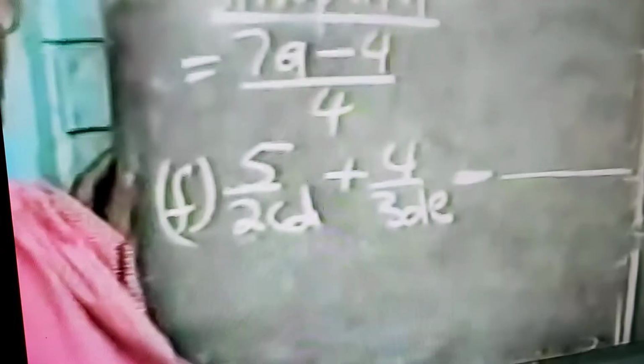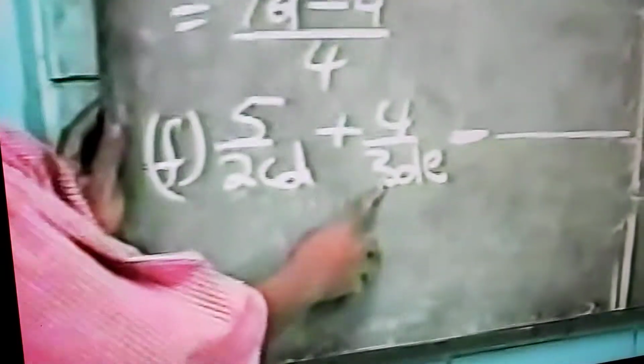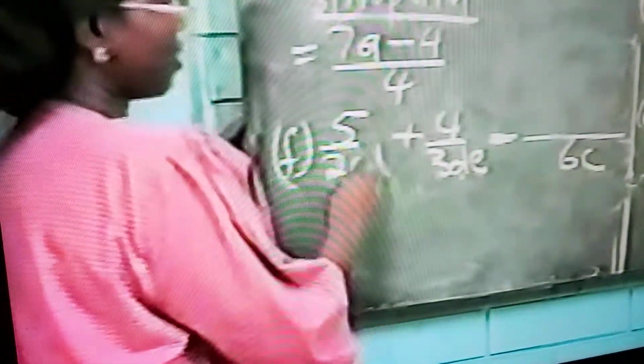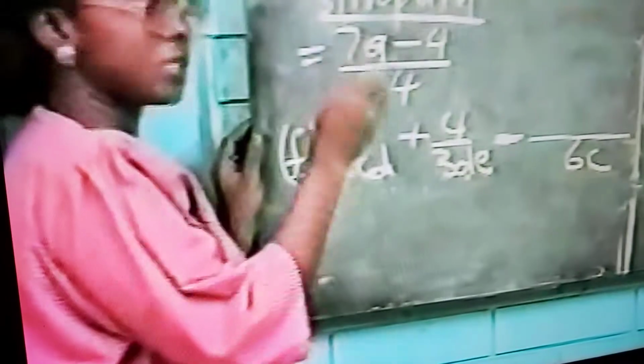F, it's almost the same thing as the last one, except that what you have as denominator here, it's not like the others. So the LCM of 2CD and 3DE, 2 and 3, LCM of 2 and 3 is 6. Now C, there's no C there, so you still pick your C. DD, although you have DD, they just pick it once, you don't have to multiply.